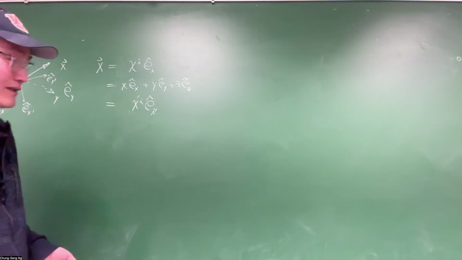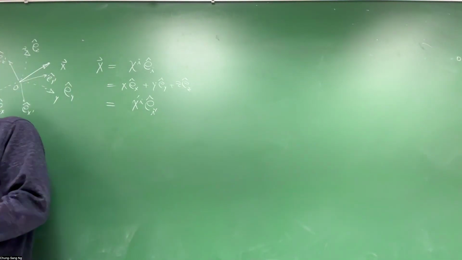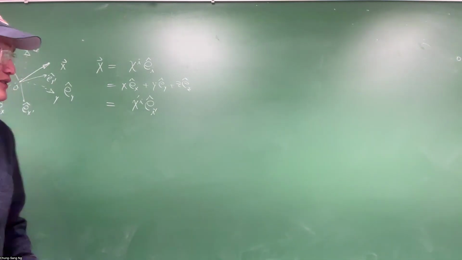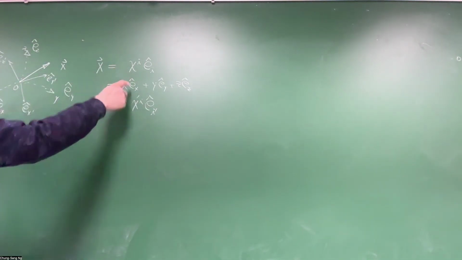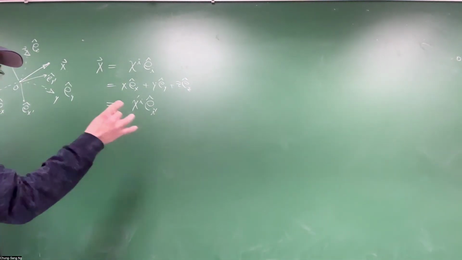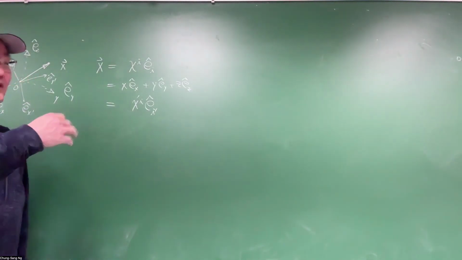This is what they call Einstein's summation rule, or Einstein convention or something like that. Einstein was just trying to save a lot of writing. And that actually is very good, because when you do a lot of these things, you keep writing summation, pretty soon you'll get tired of that.